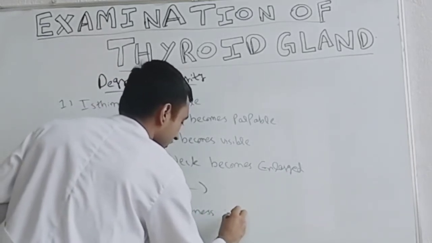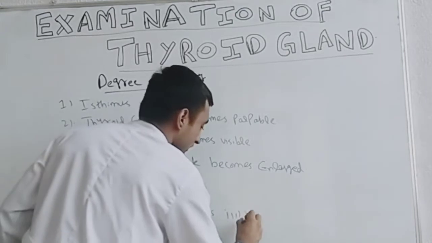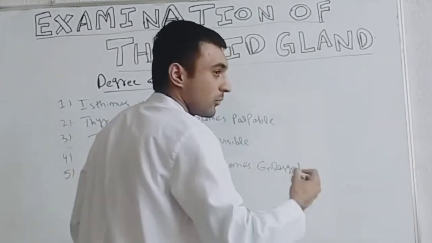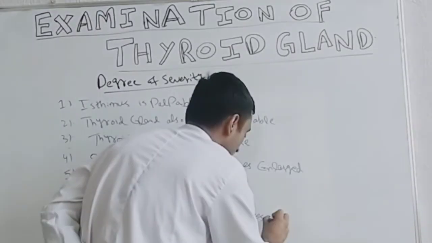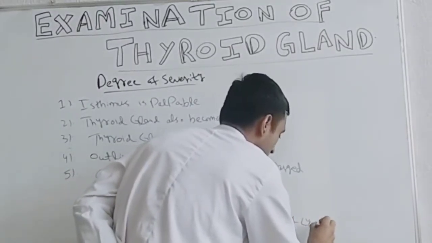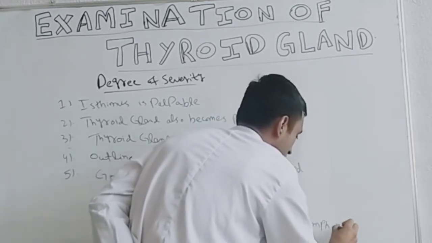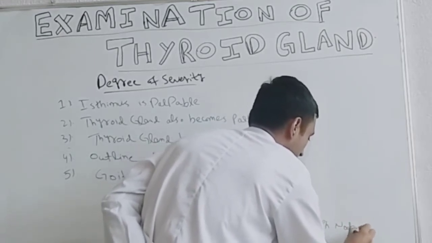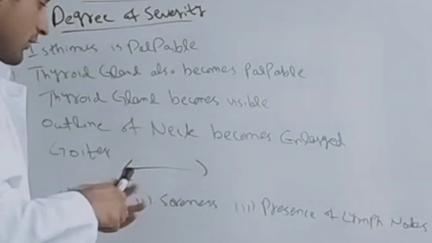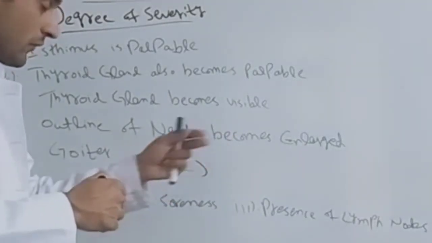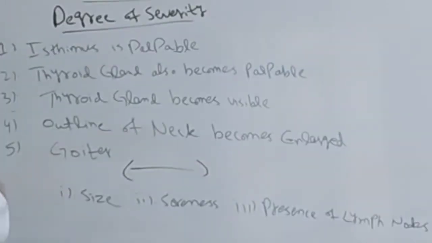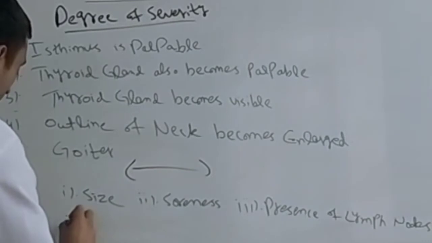Thirdly, the presence of lymph nodes is palpated, and whether their size is normal or not. The fourth one is checking the symmetry of the thyroid gland.